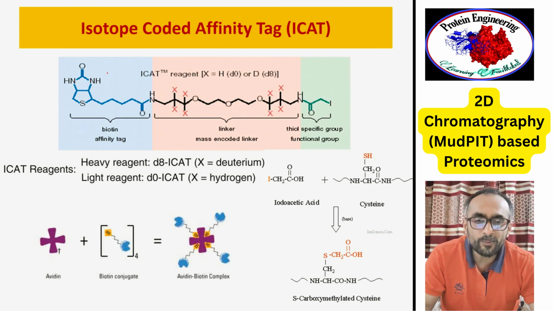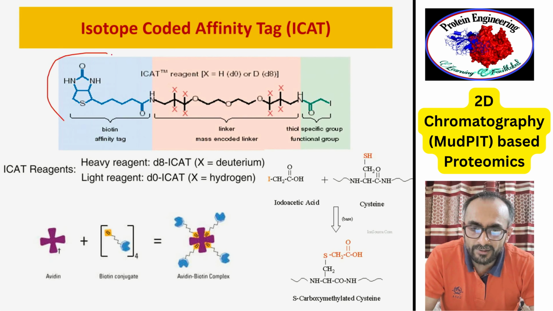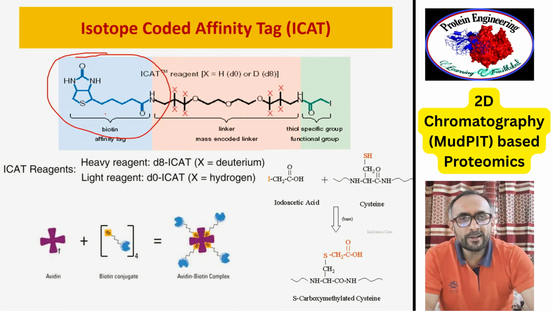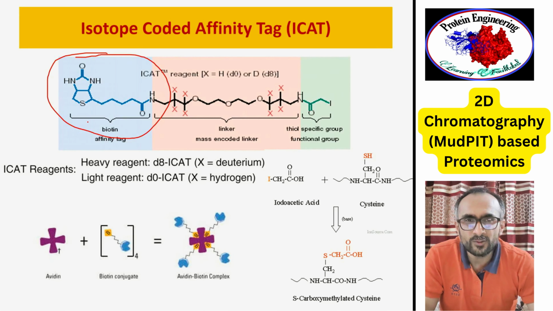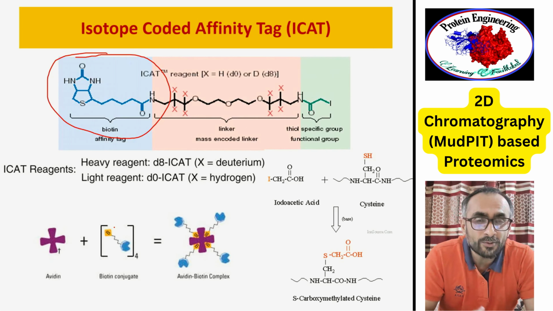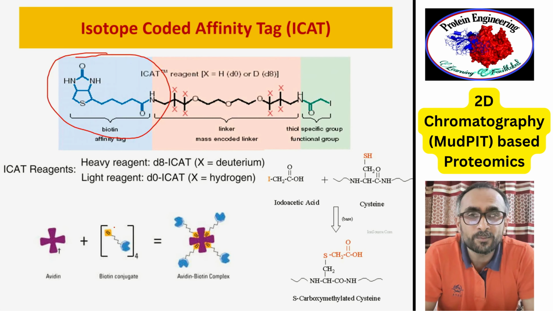This isotope-coded affinity tag, ICAT reagent, is a chemical group which is made up of three components. The one component is a biotin group. The biotin is vitamin B7, which has very strong affinity to an egg white protein called avidin. So avidin and biotin strongly associate together. In fact, the binding constant is pretty high, about 10 to the power minus 15 molar.